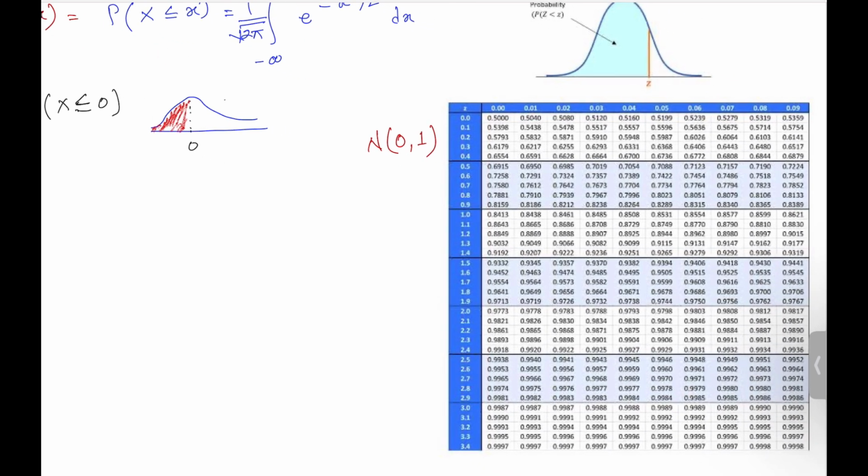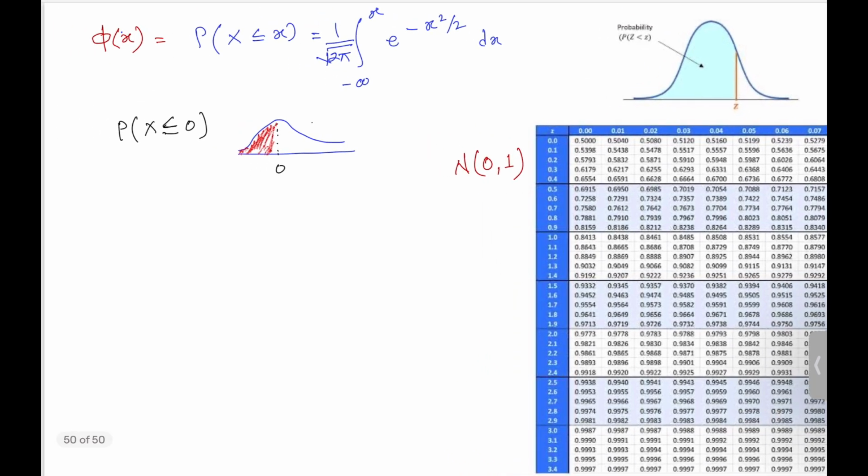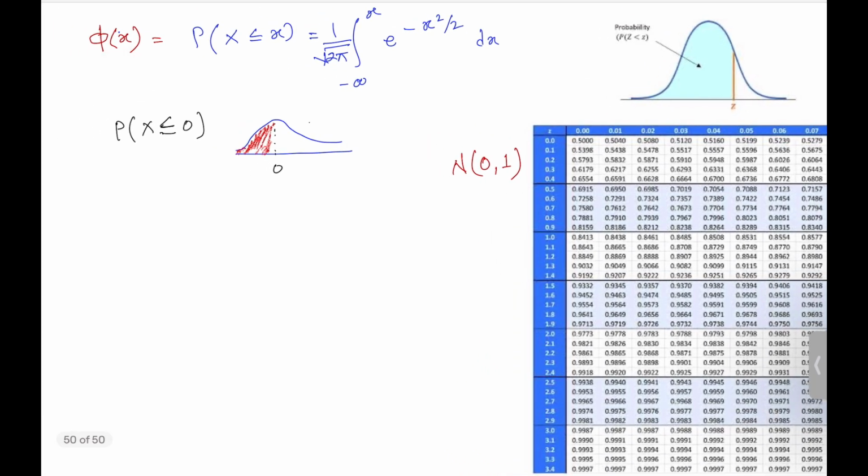And the table that is given to you is also a table of the values of this cumulative distribution function. So here you can write the same probability in terms of this cumulative distribution function, where you are trying to find the value of this CDF at little x equals 0.